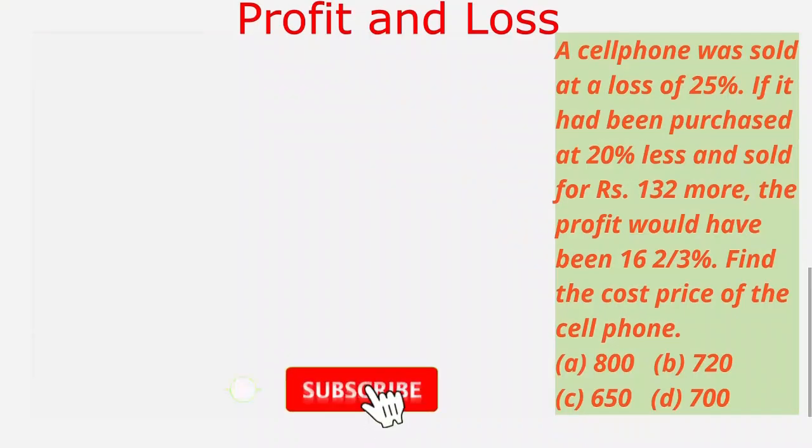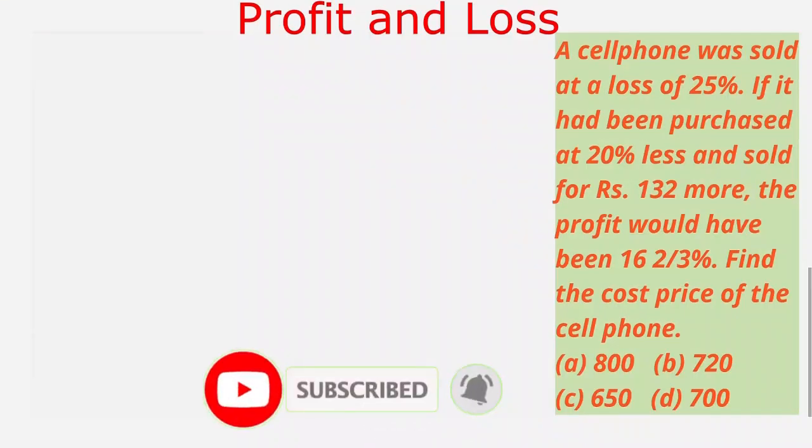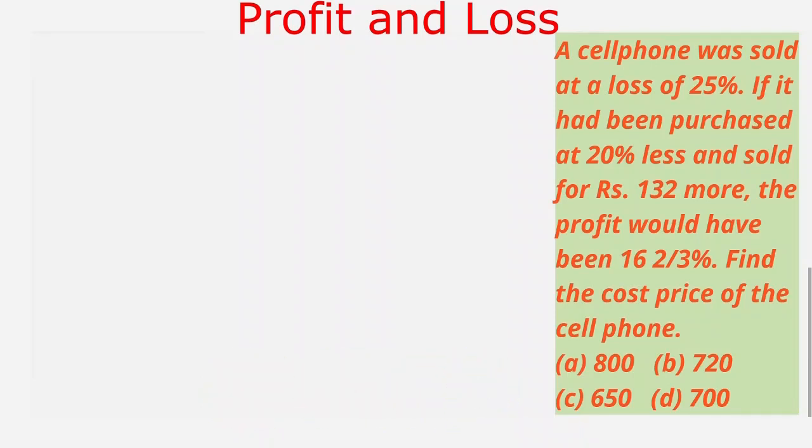This is one specific question in which you have to learn what to assume as the cost price. Here we are not assuming the cost price to be 100, and we are going to assume some different number.